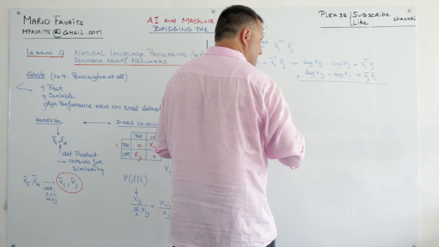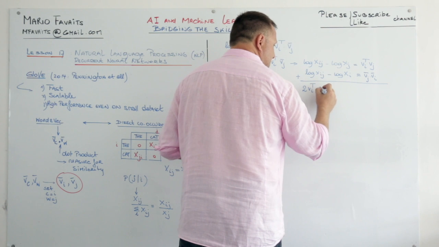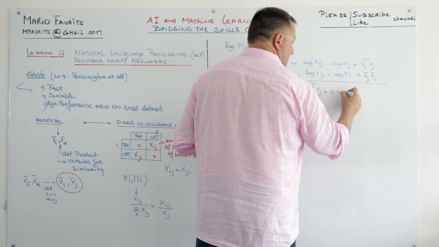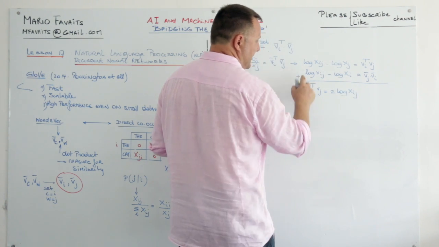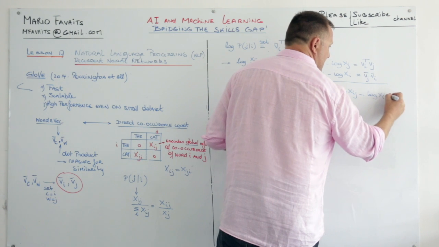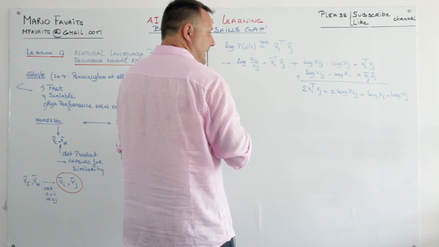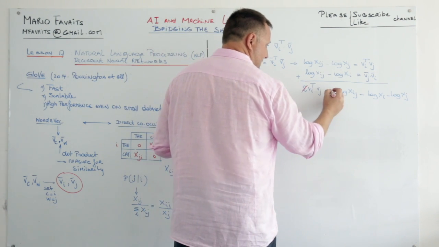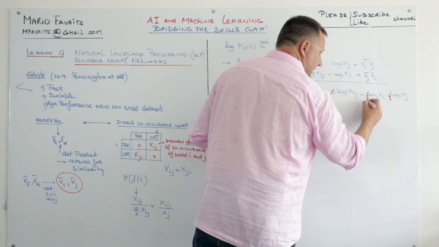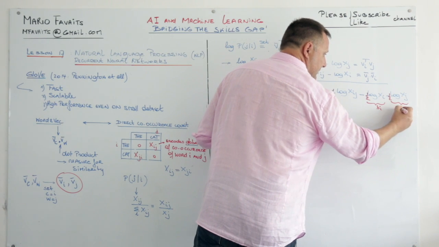So I have 2 times Vi transpose Vj equal to 2 times the log of Xij, right? Minus the log of Xi minus the log of Xj. And what I'm gonna do is I'm gonna divide by 2, so this is half. Yeah, and I will call this bi, and I'll call this bj.